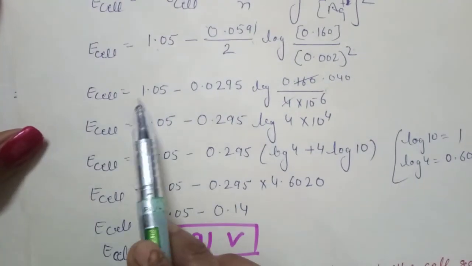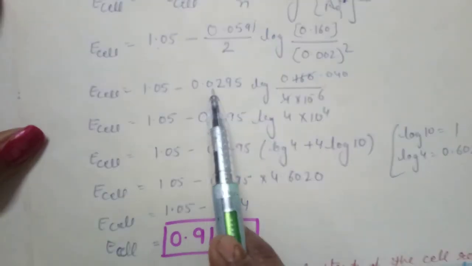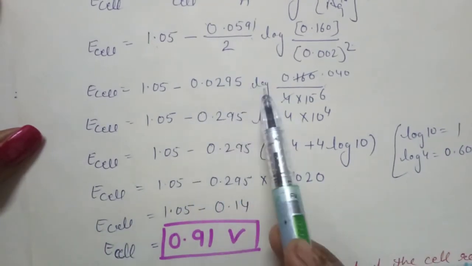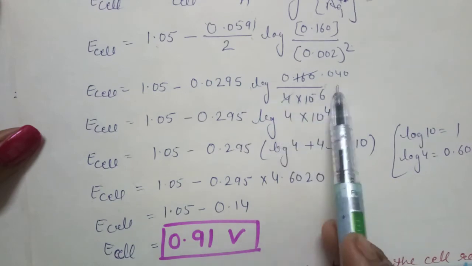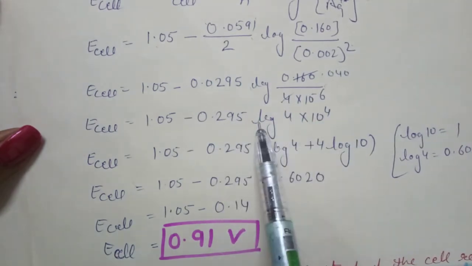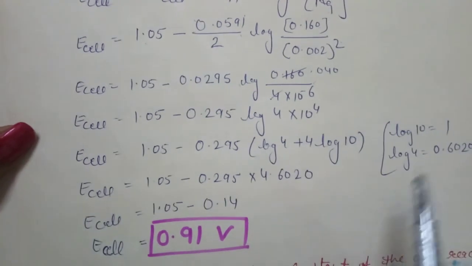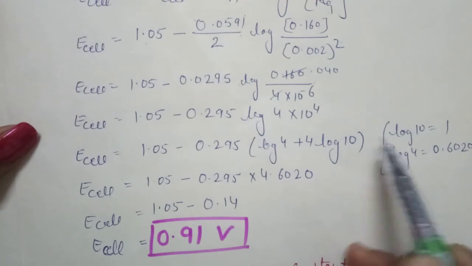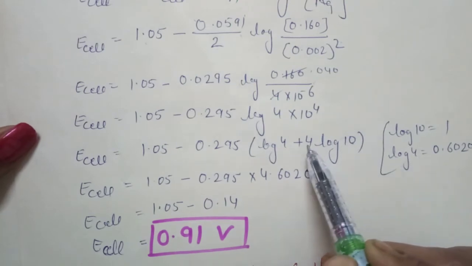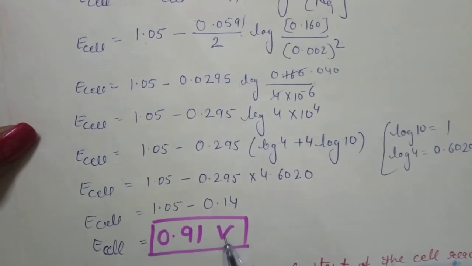E cell is equal to 1.05 minus 0.0295 log, and this is solved as log 4 into 10 to the power 4. We can write this as log 4 plus 4 log 10. The value of log 10 is 1, so 1 is multiplied with 4, and log 4 is 0.60, so E cell will be equal to 0.91 volt.